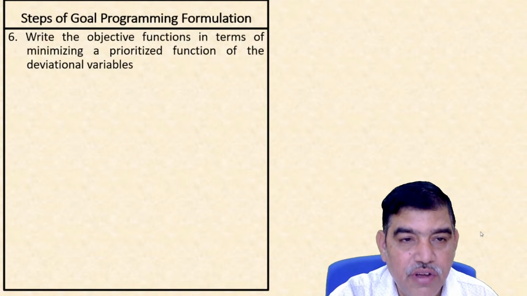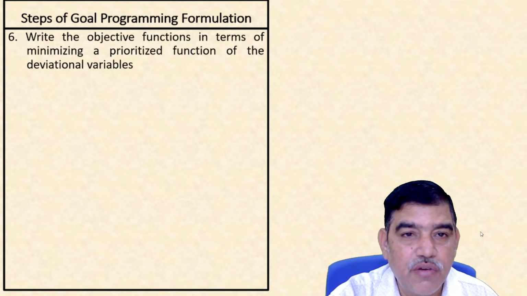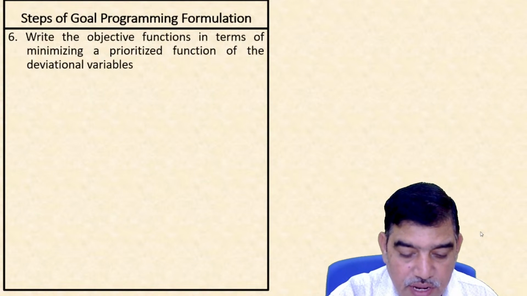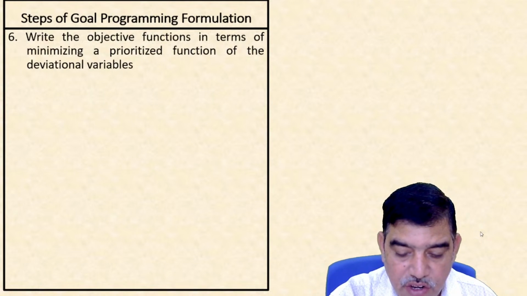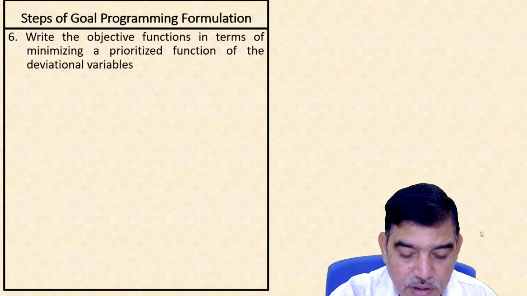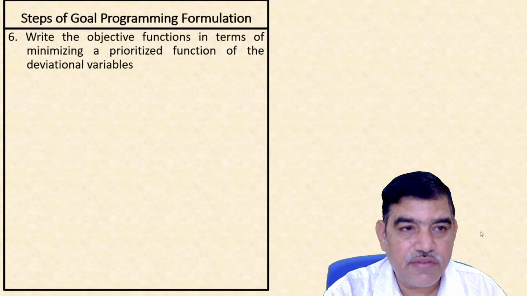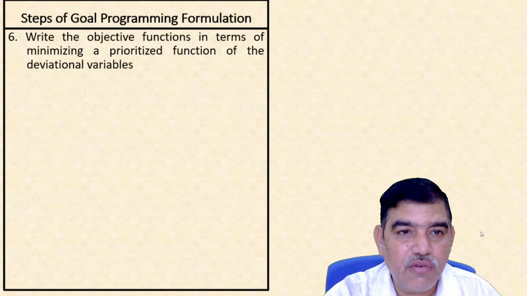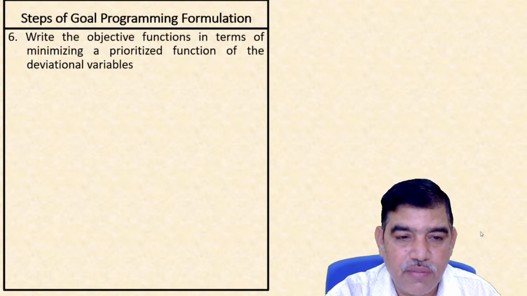That is the objective of goal programming. Second, if necessary, different weights must be assigned to deviational variables at the same priority level. It is imperative that goals at the same priority level be executed. So these are the steps I have explained for how to formulate the goal programming.